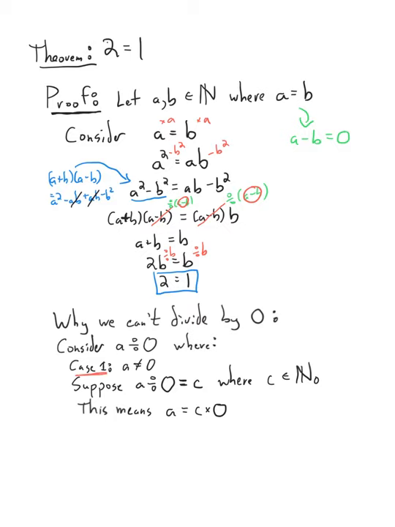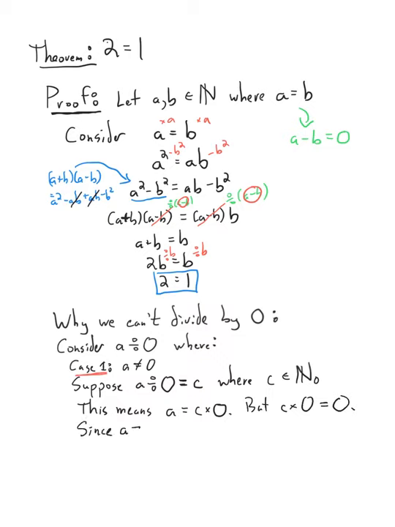But what does this say? This says that the answer is going to be some number you can multiply by 0 to get a non-zero number, a. But we know c times 0, of course, equals 0 by the property of multiplying by 0.